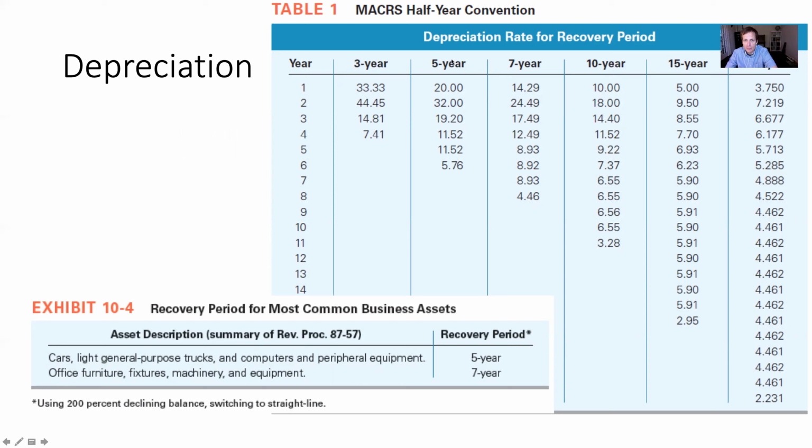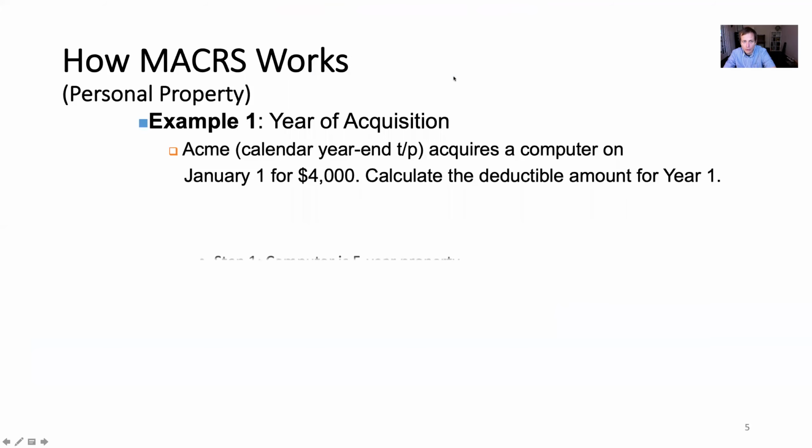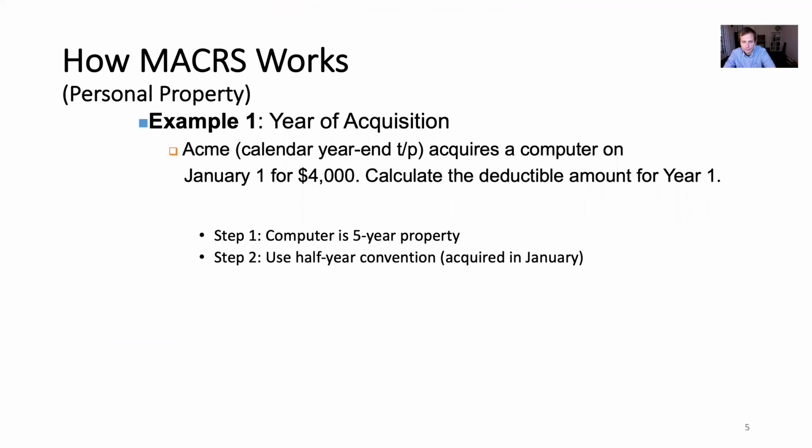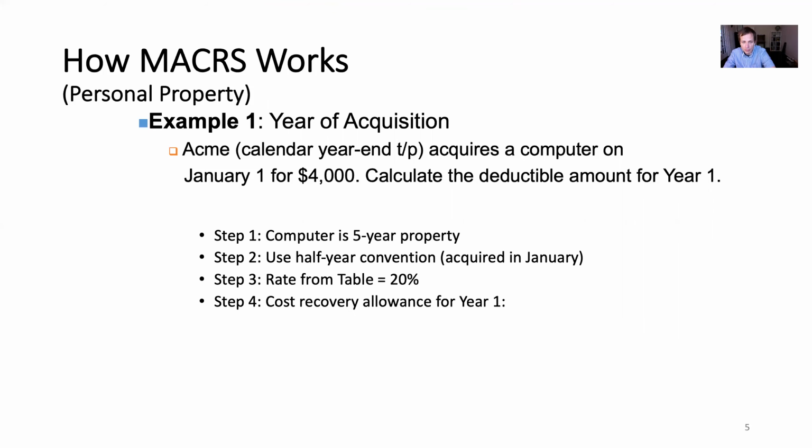This is my half-year convention table. So in year 1, under 5-year property, I use 20%. These are percentages. The table doesn't make it clear. So if I'm using a calculator, it's going to be 0.2 for 20%. I got that 20% rate from the table.